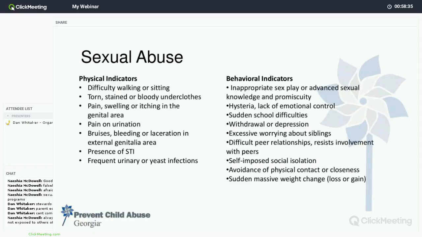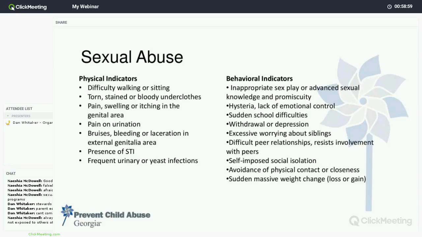So if you suspect that a child has been a victim of sexual abuse, it should be reported to DFACS. And hopefully DFACS will then refer them to a child advocacy center where they can access different services available to them. So some behavioral indicators will include inappropriate sex play or advanced sexual knowledge. Children do touch themselves.